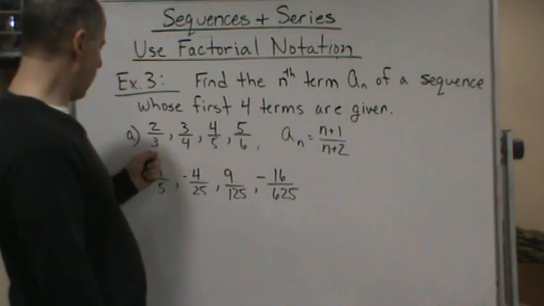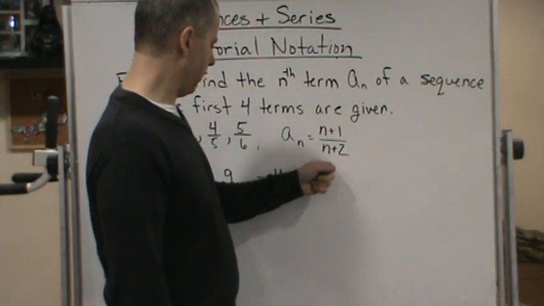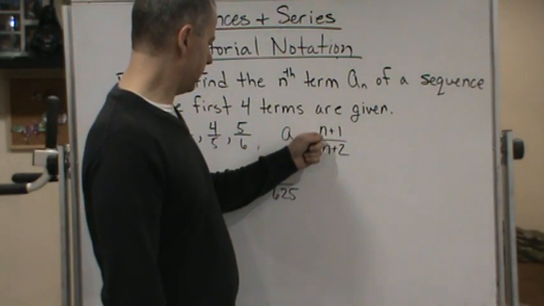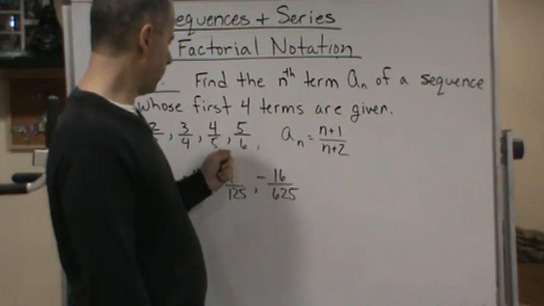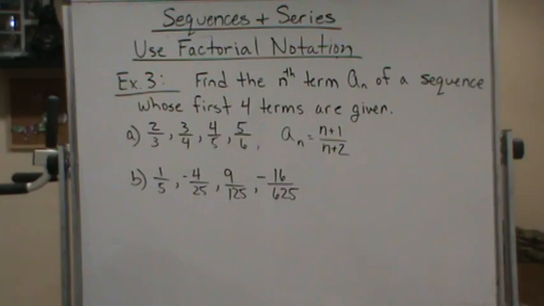Right? Because n plus 1's got to give us 2/3. So if n is 1, we get 2/3. And then if n is 2, we get what? 3/4. And so on and so forth. So this would be the nth term.